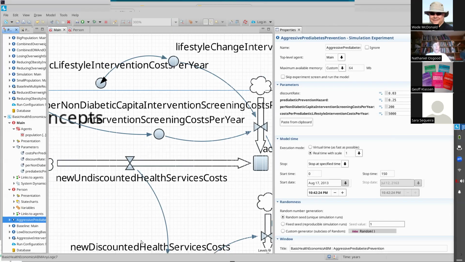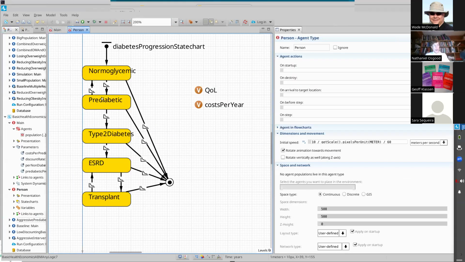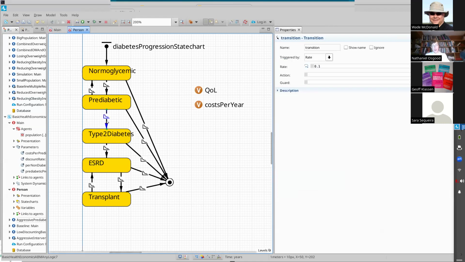But they also, if we think at a person level, may lead someone to go back to a normal glycemic state, or at least stay around this pre-diabetic state in a way that will prevent them from going on to the diabetes state, right? And having done this, this is the pre-diabetic prevention hazard.